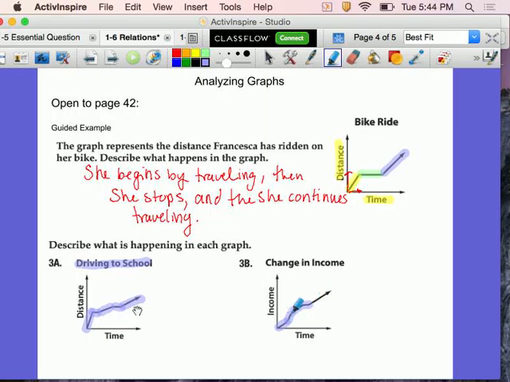So let me say that one more time. So you're making some money, then you get a sharp increase, and then you kind of slowly continue to increase how much money you're making, then you stop, you make the same amount of money for a while, and then you increase how much money you're making.